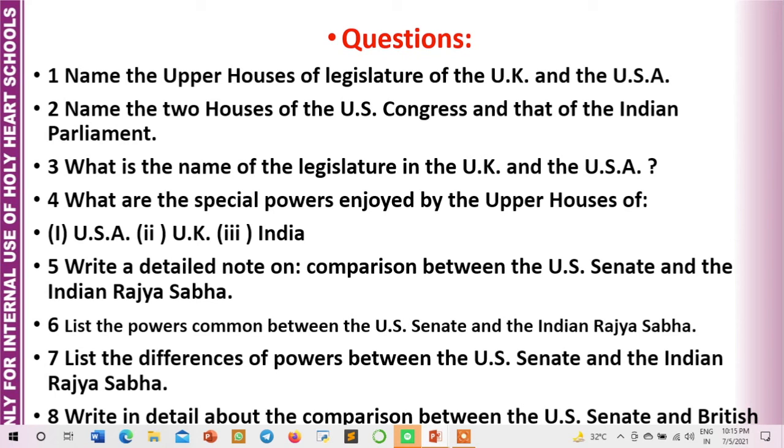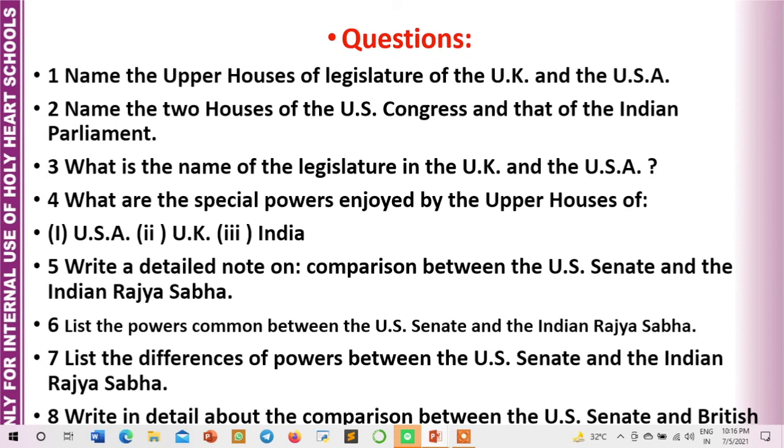The two houses of US Congress are the House of Representatives and the Senate, and of India are Lok Sabha and Rajya Sabha. Next question is: what is the name of the legislature in UK and USA? Yes, the legislature name in UK is Parliament and in USA is Congress.